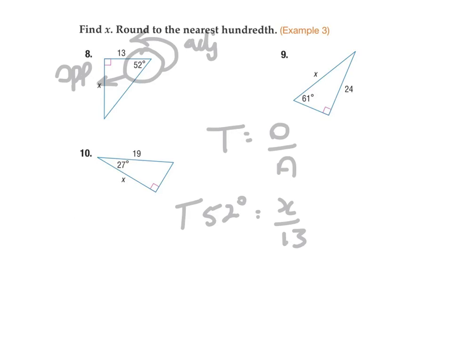Rearranging it, you will have x equals tan 52 times 13. And again, it's a calculator situation, so you can plug it into your calculator. But check it, it's to the nearest hundredth again, and it's going to be 16.64. So make sure you answer the question to the degree of accuracy, the hundredth.